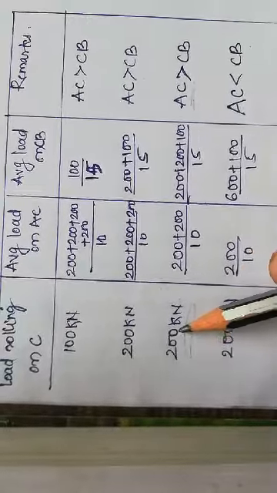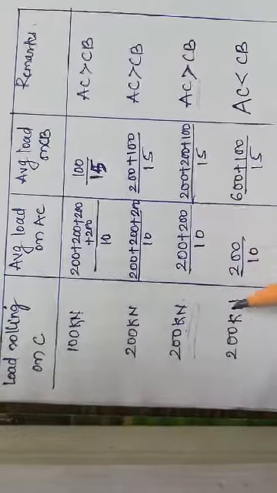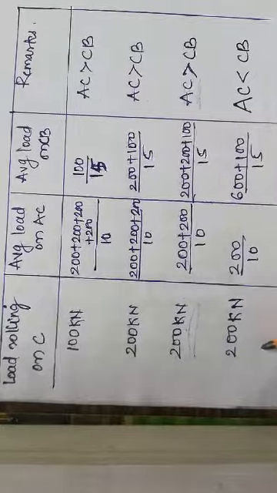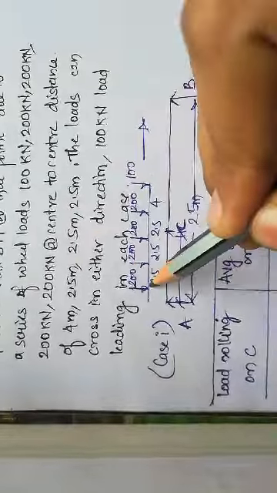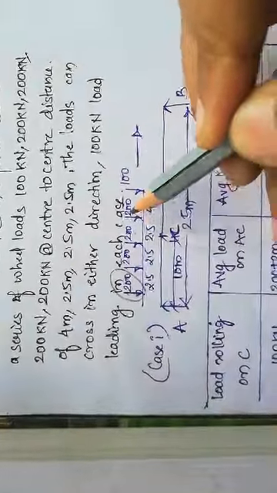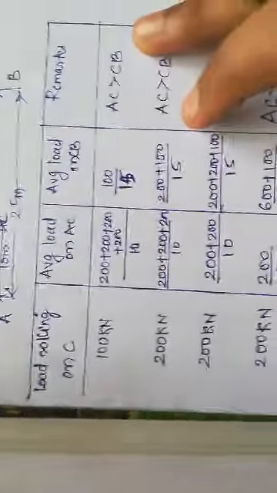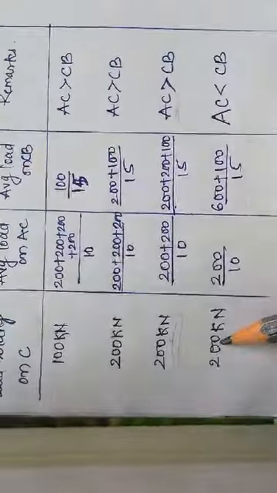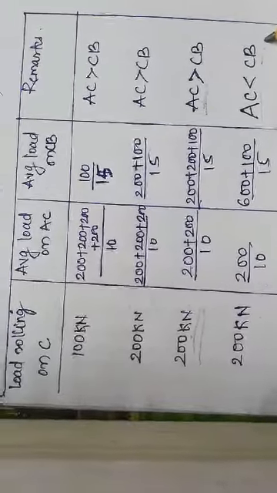Three 200 kilonewton loads have crossed point C, and only one 200 kilonewton is remaining in the left hand section. This makes the AC section lighter than the CB section.